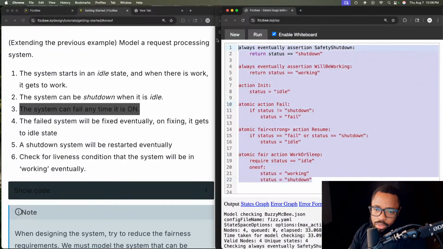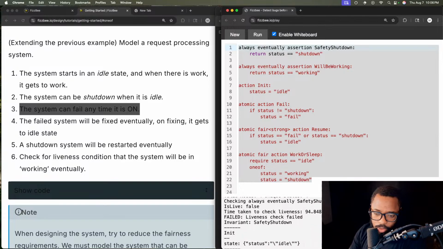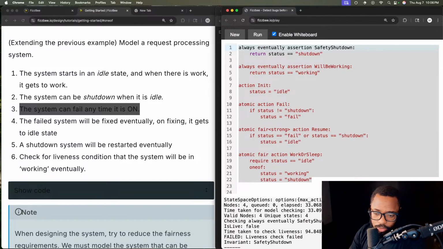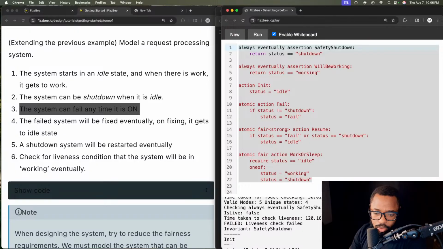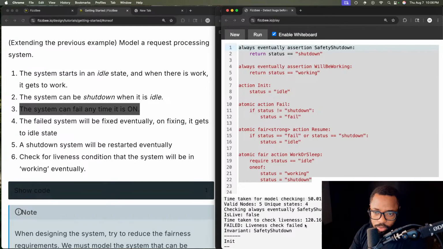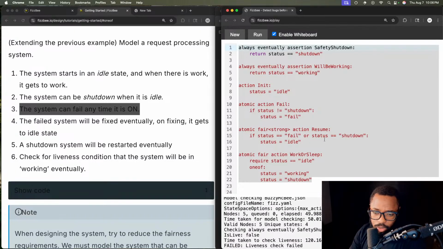All right, just gonna submit this. It's probably wrong. Maybe. Yeah, okay. Seems like liveness check failed. Wait, why?